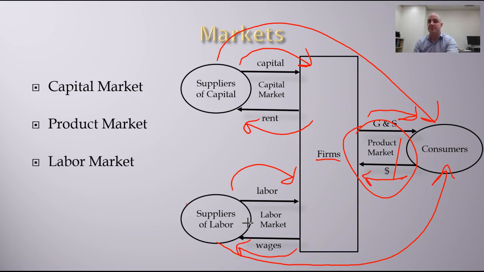So the firms take money and send it to the suppliers of capital and suppliers of labor to get that labor and capital so they can produce those goods and sell them to individuals and get money in return. So in these markets, we have a lot of money going around and around, and so forth.